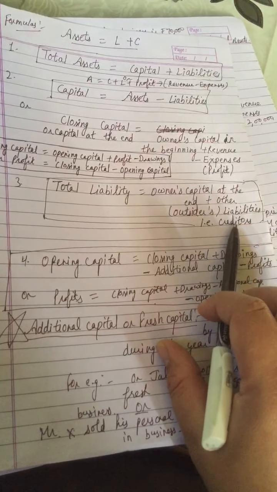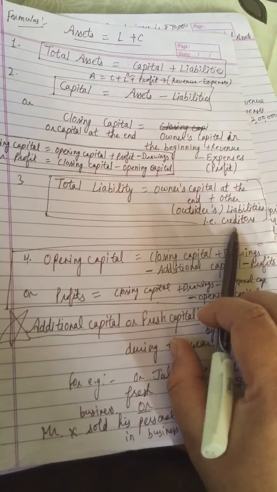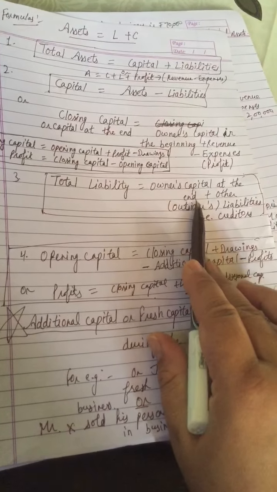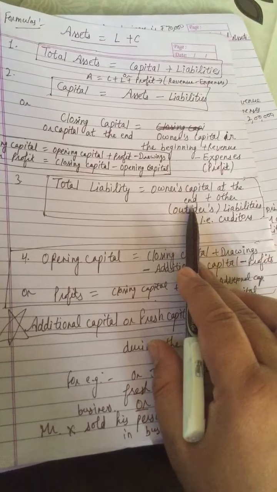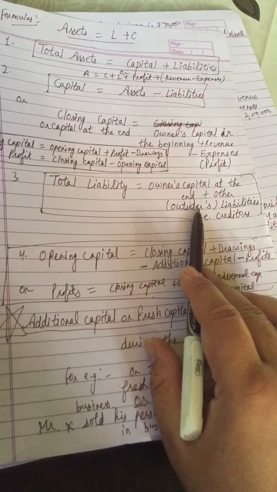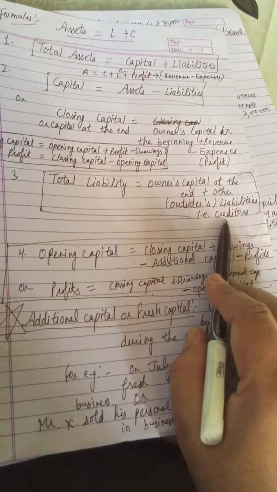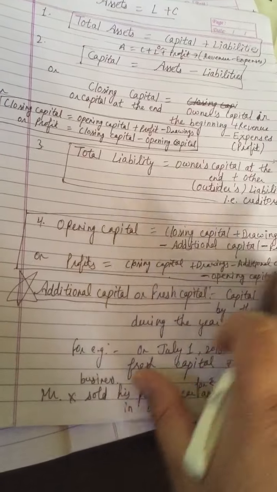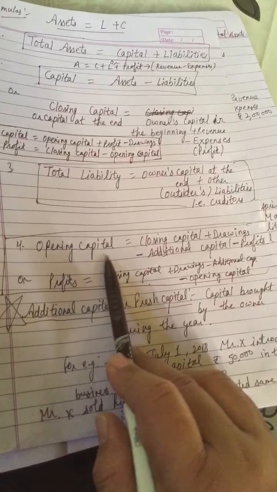Other liabilities means mainly the creditors, that is outsiders' liability. So total liability is owner's capital, because owner's capital is also a liability of the business, and outsiders' liability, that are creditors.